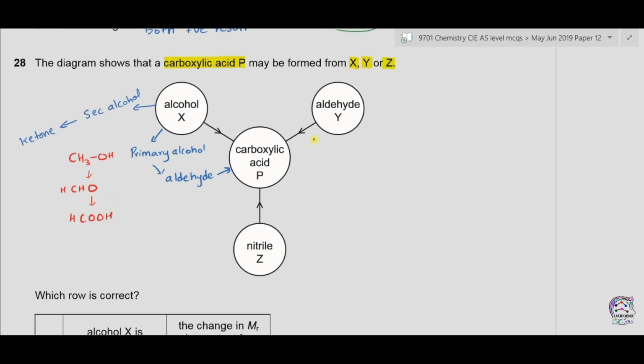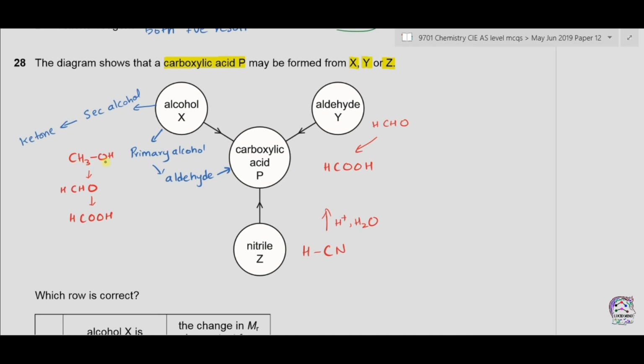So for this conversion, we have HCHO, 1 carbon aldehyde, and it converts into HCOOH, which is 1 carbon carboxylic acid. Now Z is a nitrile, and nitrile can also be converted into carboxylic acid upon acid hydrolysis.